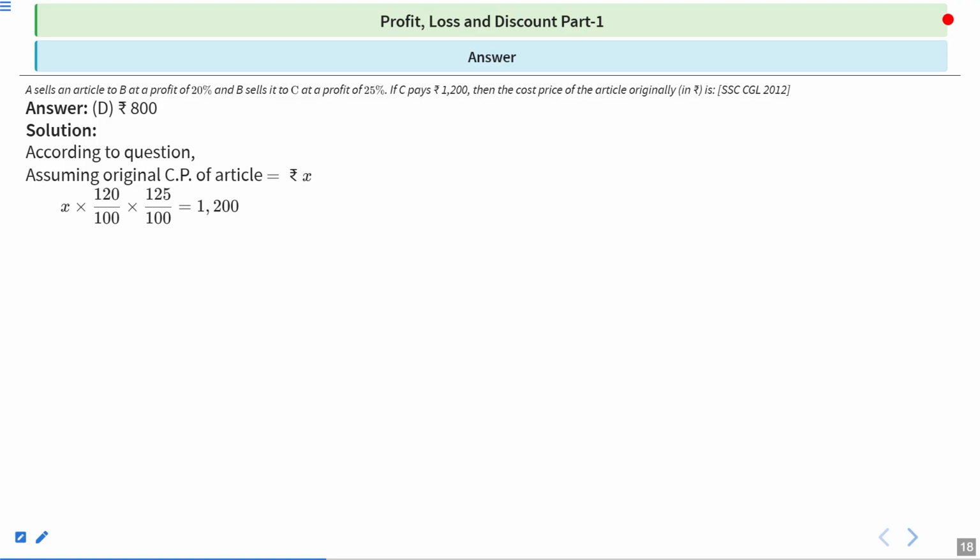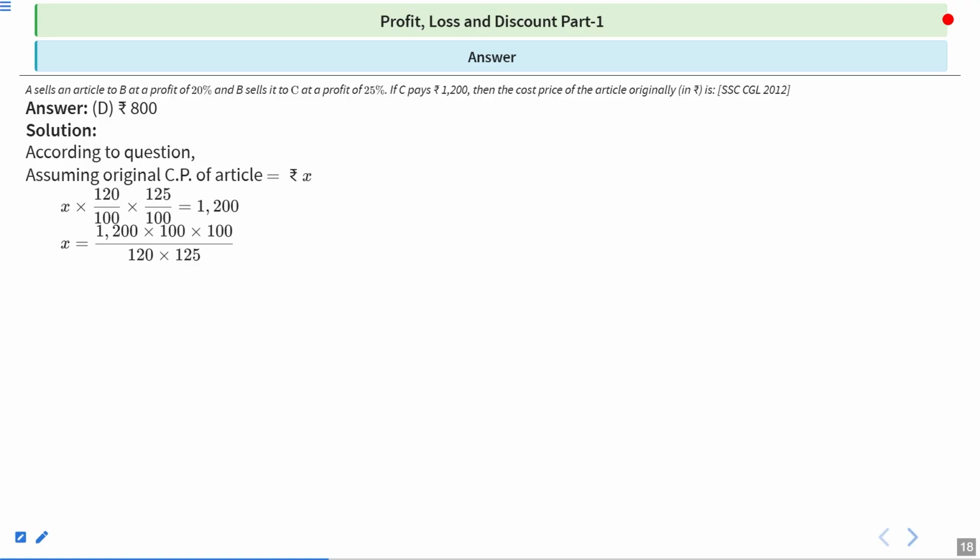So we can calculate it as X multiplied by 120 upon 100 multiplied by 125 upon 100, because we convert the percentage into a fraction, which is equal to 1200, because it is given that C pays 1200 rupees.